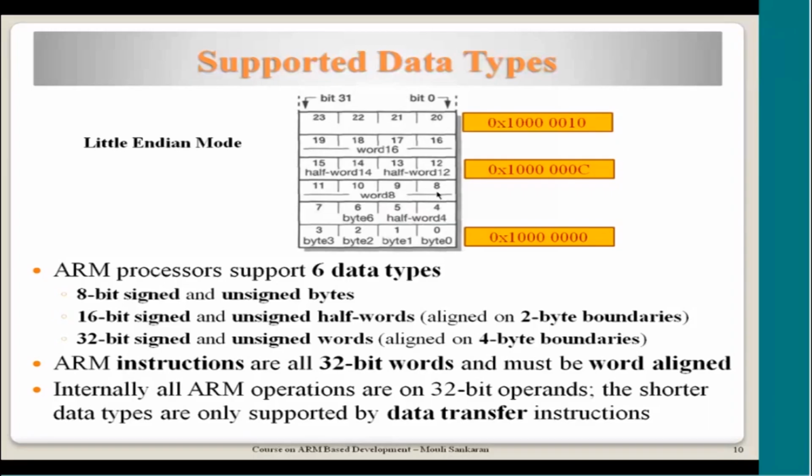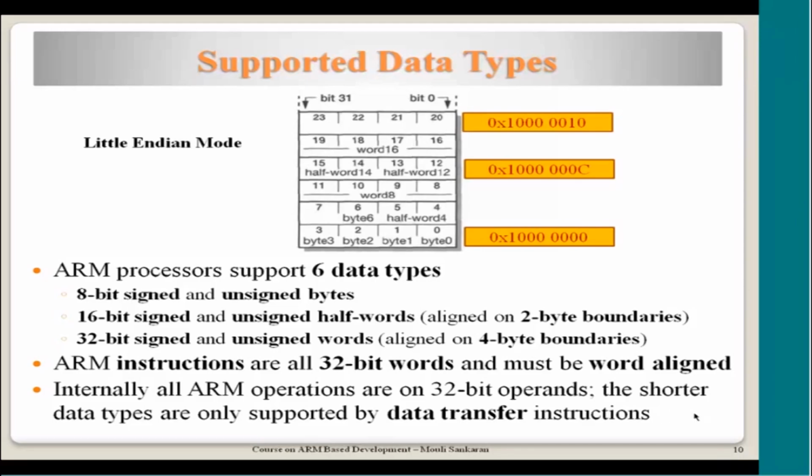So it will either read from 0 or 4 or 8 or 12. So the 2 LS bits of the address will not be considered when it is accessing a 32-bit value. So you should know what we mean by word aligned or 2-byte boundary aligned or 4-byte boundary aligned. Only the byte values can remain anywhere, and once they are accessed, it will become a 32-bit value inside the processor.